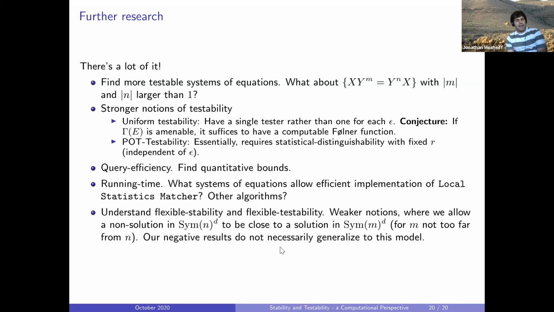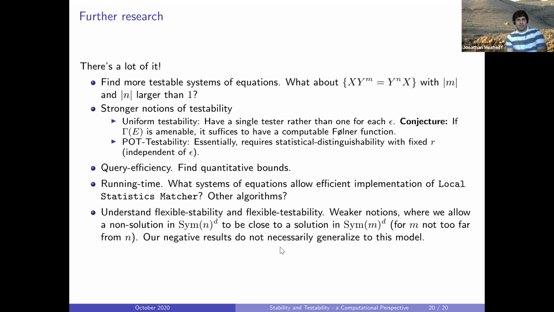There's also, from a computer science point of view, the notion of testability that we're using in this work, which translates nicely to this statistical distinguishability property, but it's a weak notion of testability due to several reasons. First, our testability is not uniform in epsilon.